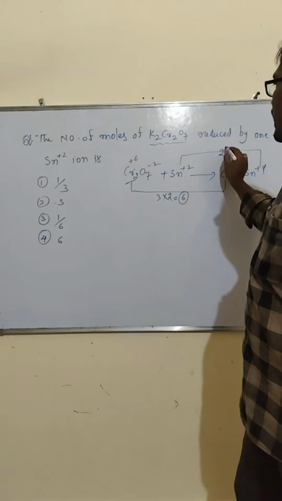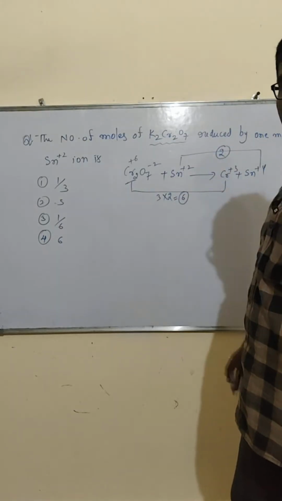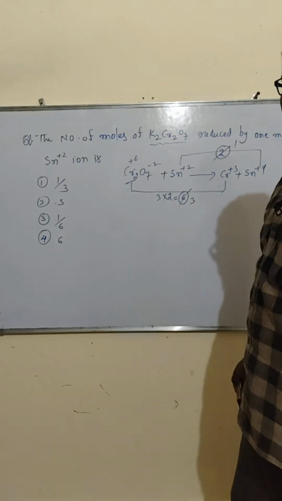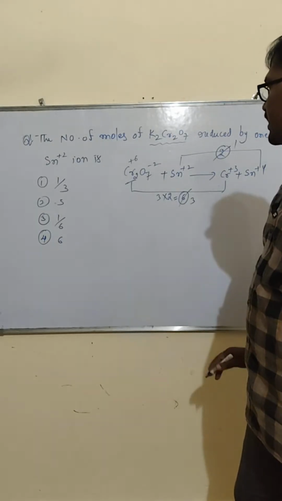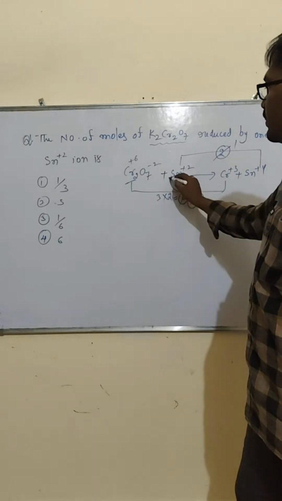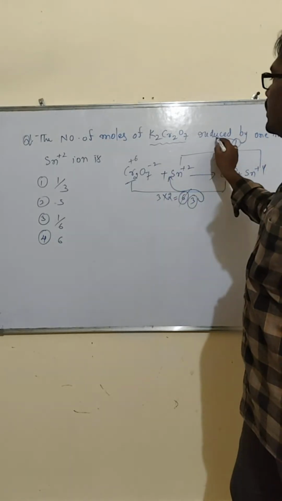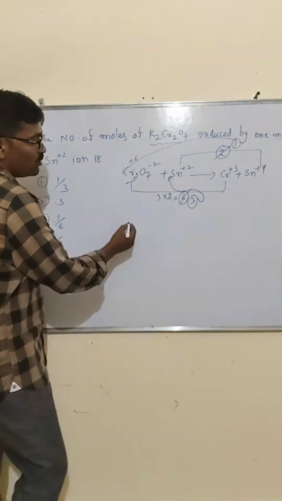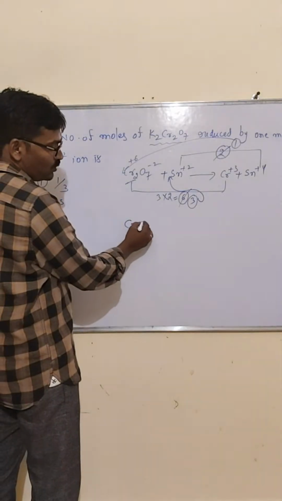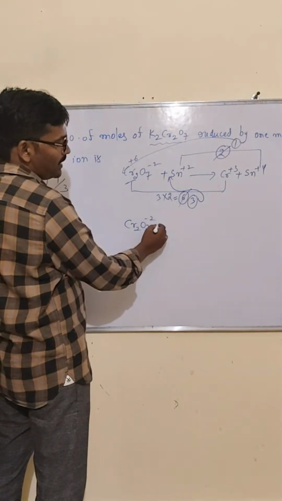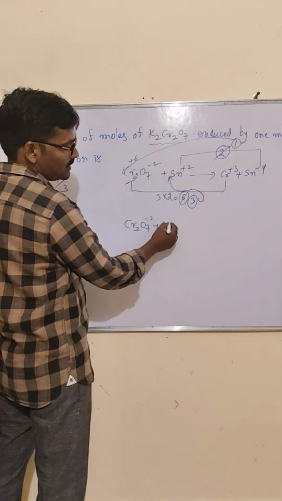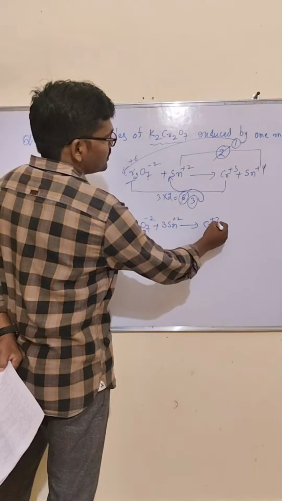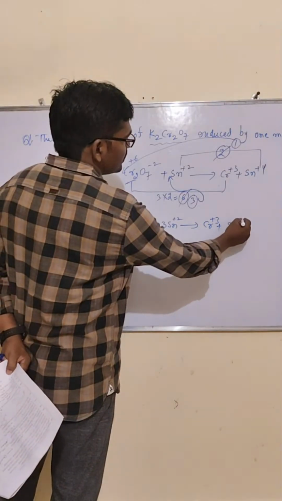Then divide: 2 ones, 2 threes. Whatever number you get, you have to multiply it crosswise, the crisscross method. Look, my dear students, now balance the equation, note it. Cr2O7 minus 2 plus 3 Sn plus 2 gives Cr plus 3 plus Sn plus 4.